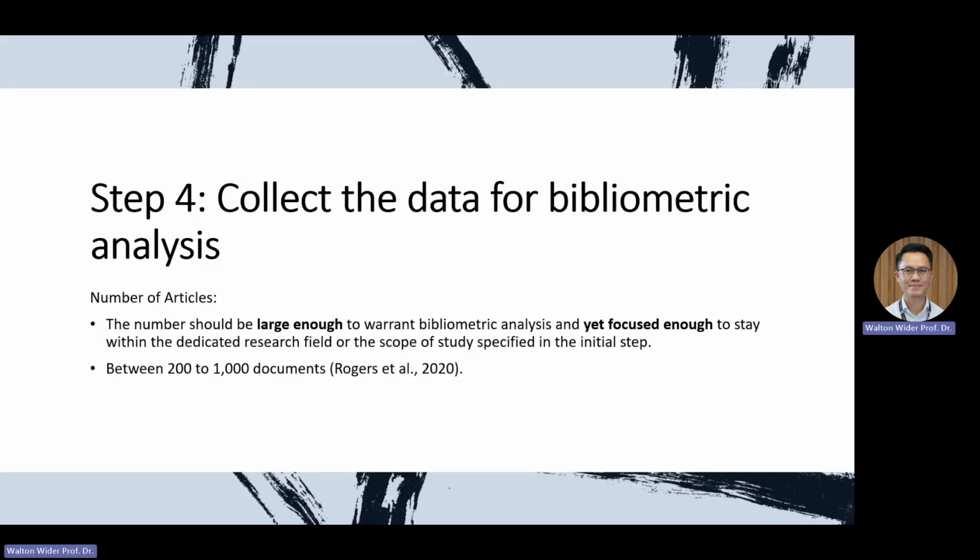Now the next step, which is number 4, is the data collection volume for bibliometric analysis. The data set must be ample to support robust bibliometric analysis. All right. Of course, the target range of the publication should be within 200 to 1,000 documents, as suggested by the literature.